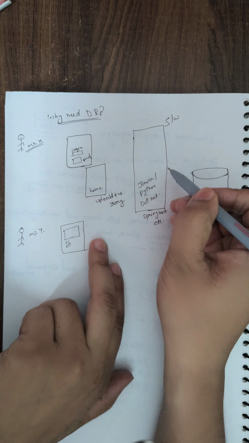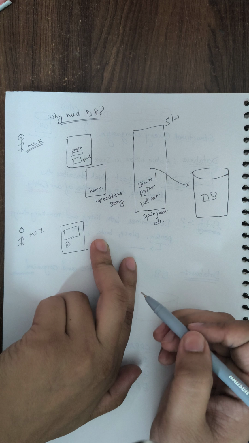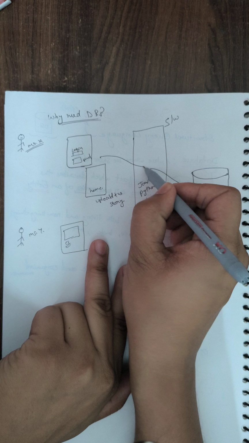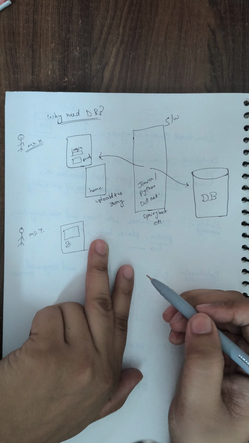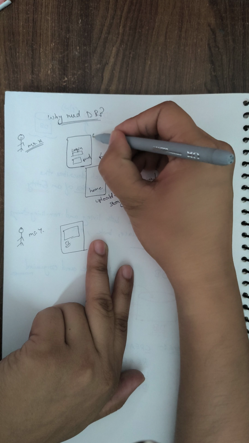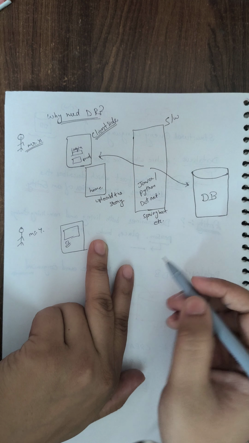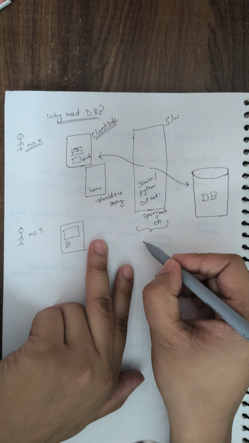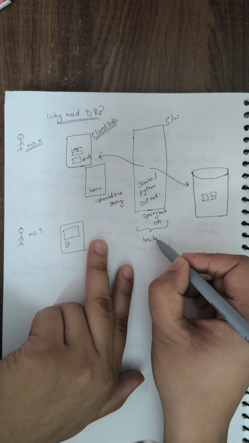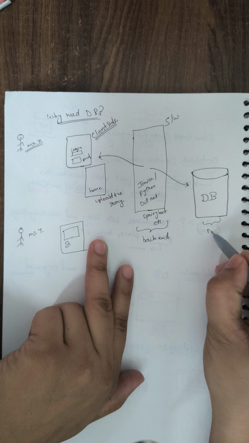They basically make the bridge of communication between the database and the front end, the application which Mr. X has. So this is called the client side, this is called the backend, and this is our database.